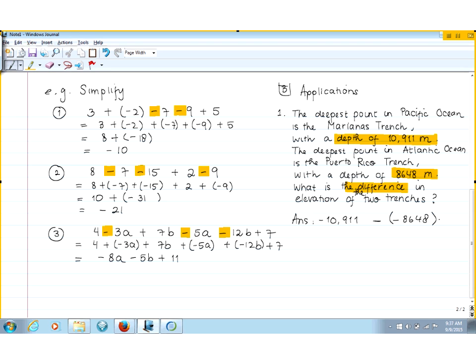Parentheses, yes. Okay, so what's my answer here? Negative 10,911. Okay. My plus 8648. So what is my answer?